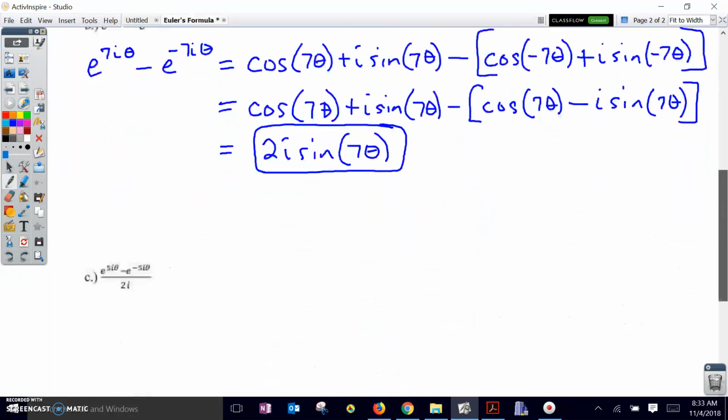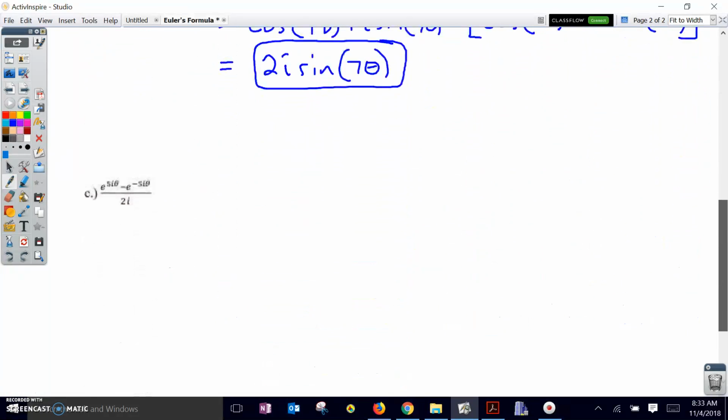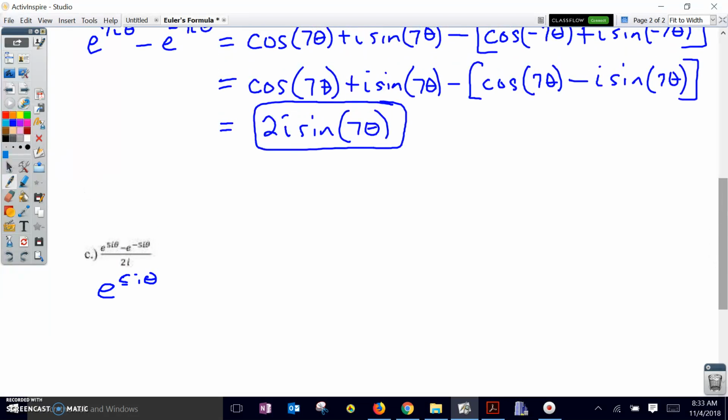Let's see what else we got here. Part C. Oh, that's the last one. All right. So we've got e to the 5i theta. Scroll this down here and hopefully neaten up my writing a little bit. We've got e to the 5i theta minus e to the negative 5i theta, all of that over 2i.